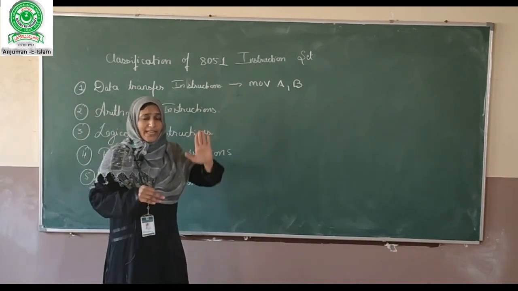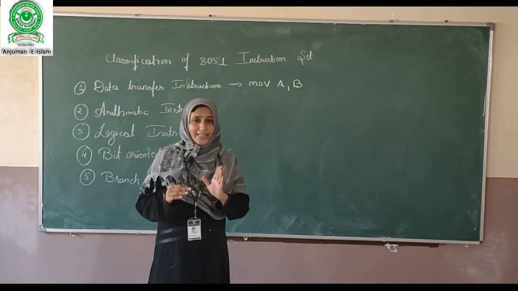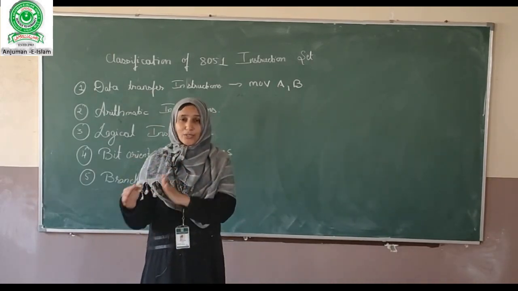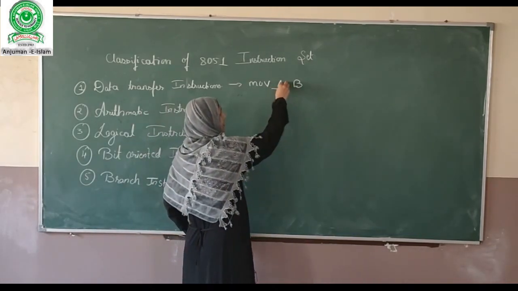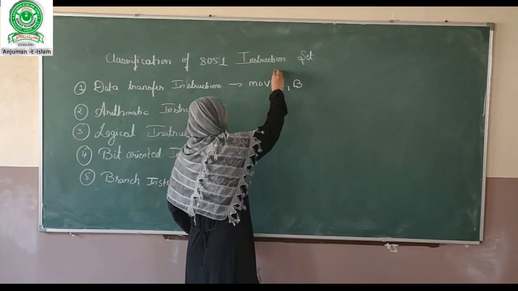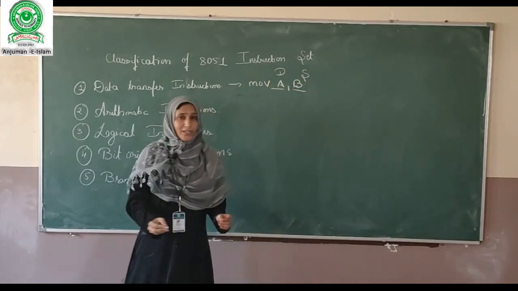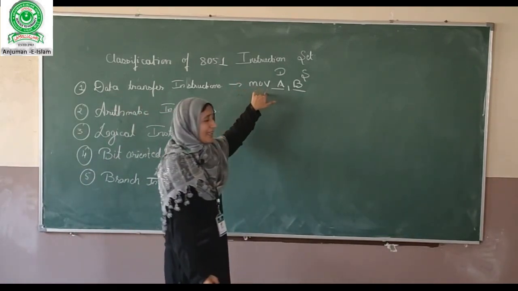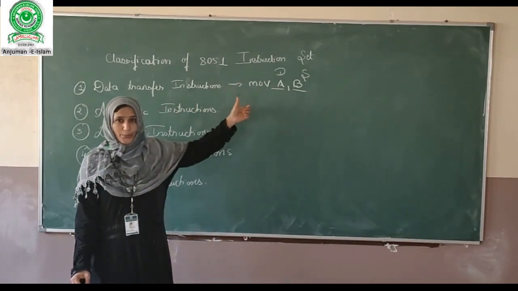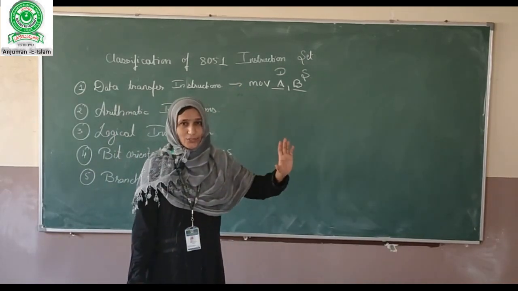Clear? What actually is being done is that whatever the data is there, it is being moved from one source to the destination. And remember, the first operand you write will be the destination, and the second operand you write will be the source. This part of the instruction, MOV, is called the opcode. It tells what function the instruction has to do.